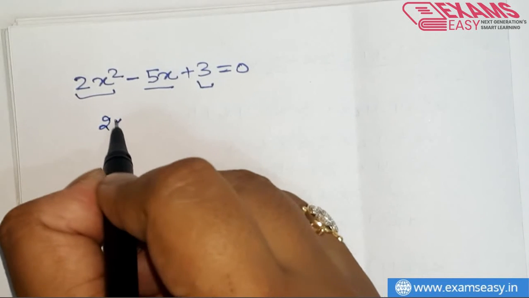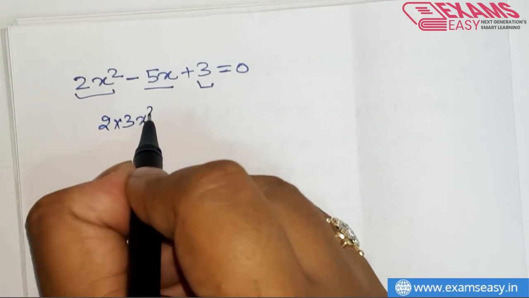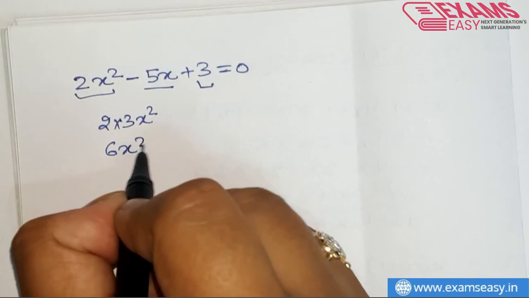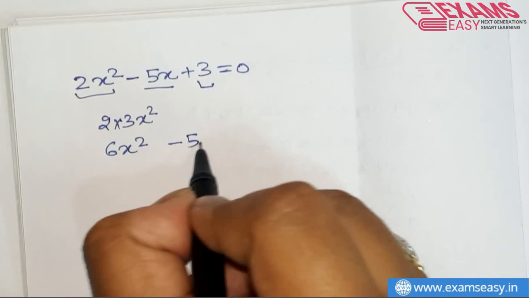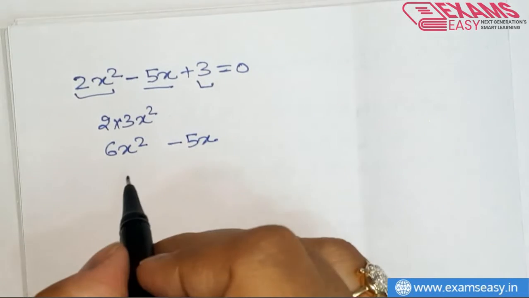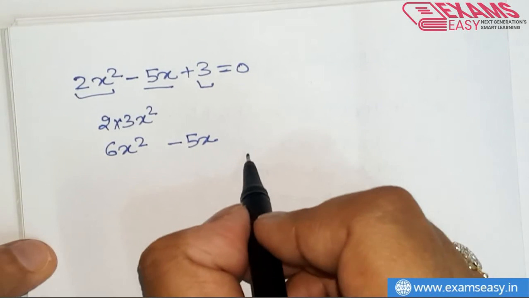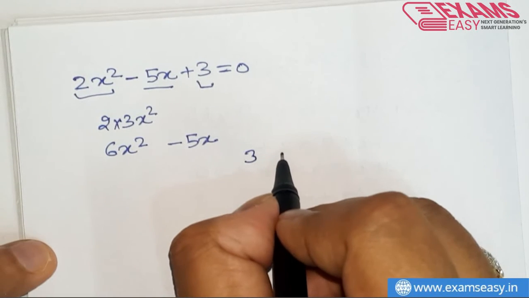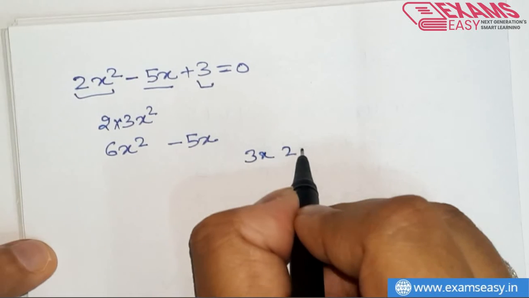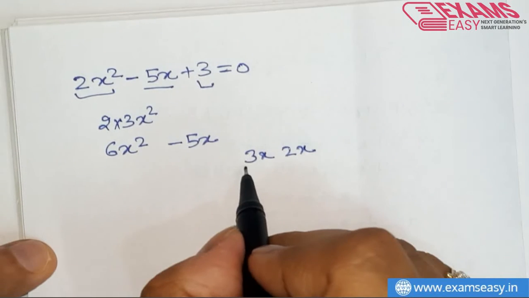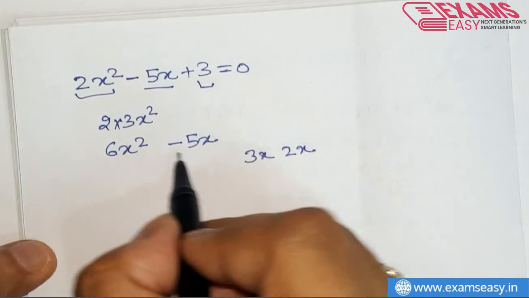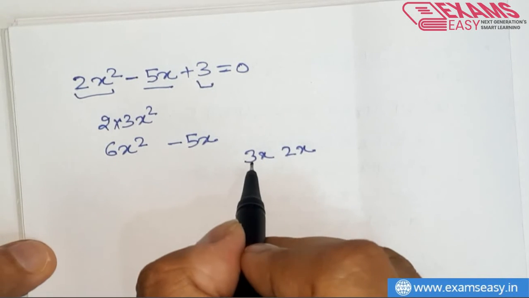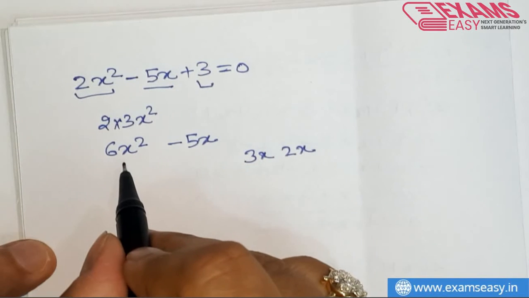So 2 into 3 into x square we want, that means 6x square we want, and we want 5x. So let us see the possible combinations. Possible combinations are 3x and 2x. 3x plus 2x will give you 5x, and the product of this will give you 6x square.